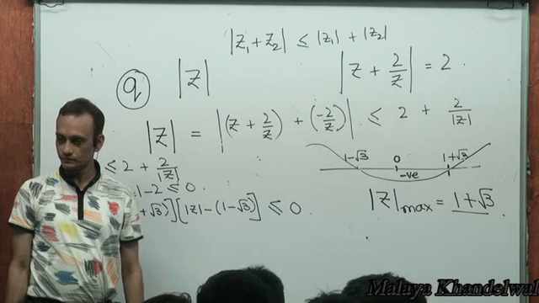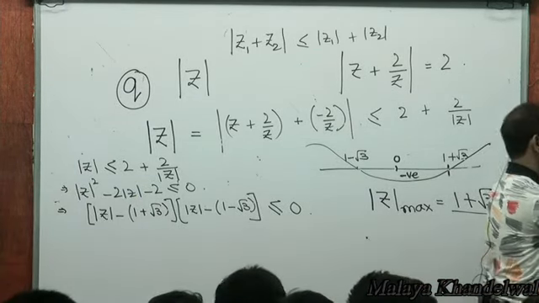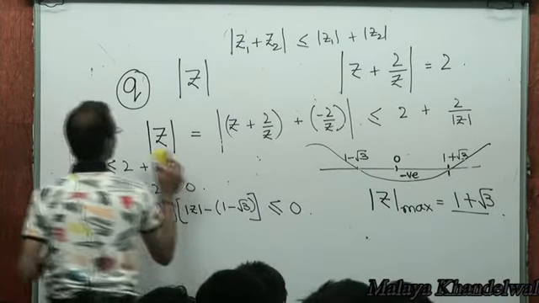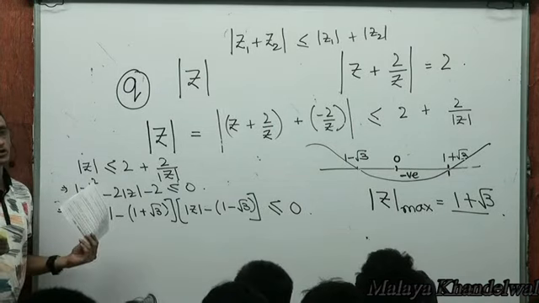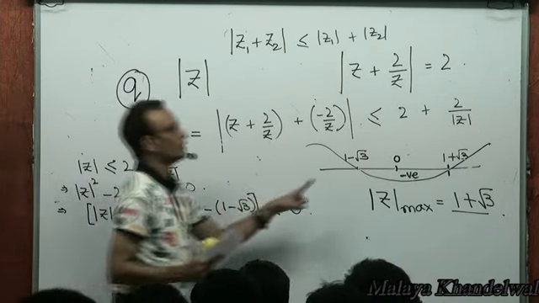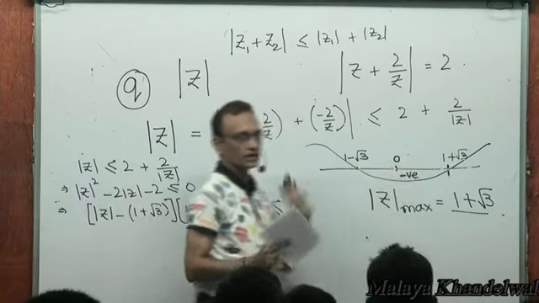Is that fair? It is not, because mod z never becomes equal to 1 minus root 3. Mod z will take values only from this to this. That's exactly what I was saying.